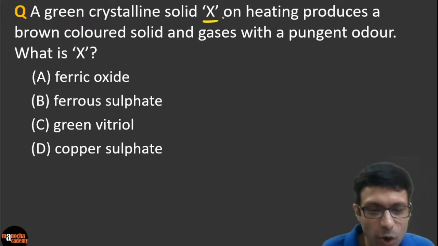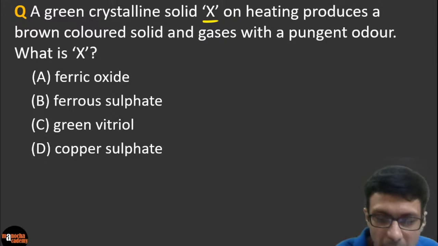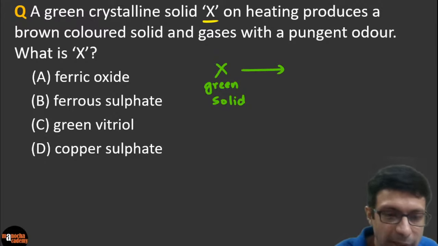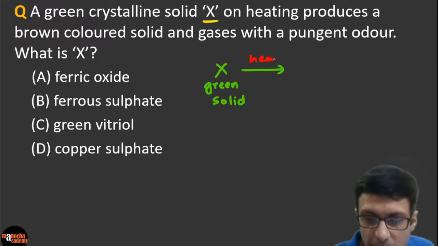So come on guys, I want all of you to try. So what's our, let's write this down. What have we been given? That a green crystalline solid, so green solid X. So X is a green solid on heating. So if we heat it, it produces a brown color solid. So let's write that down.